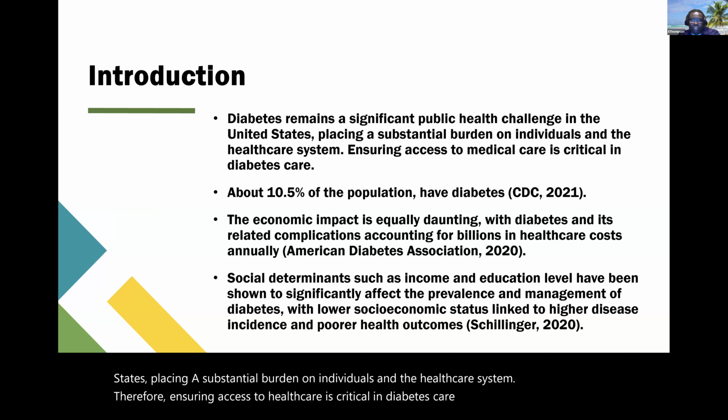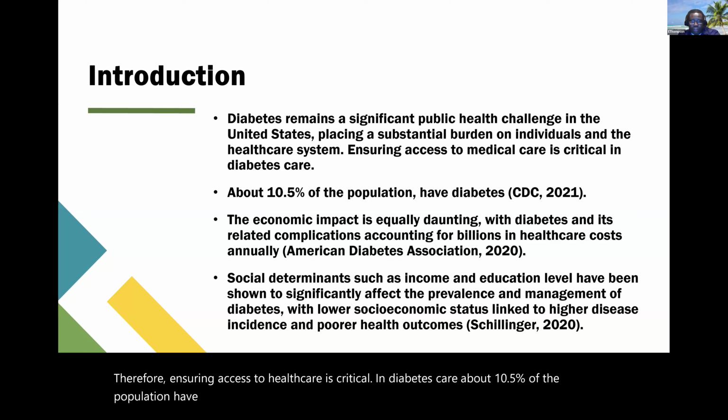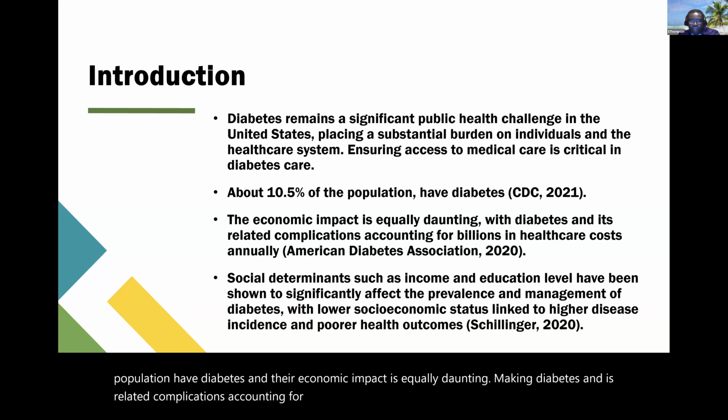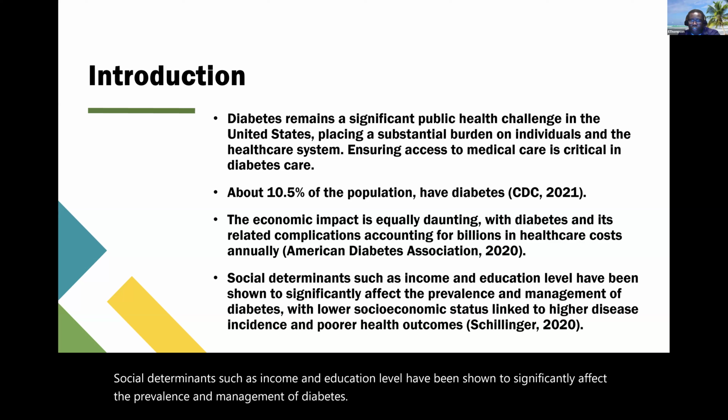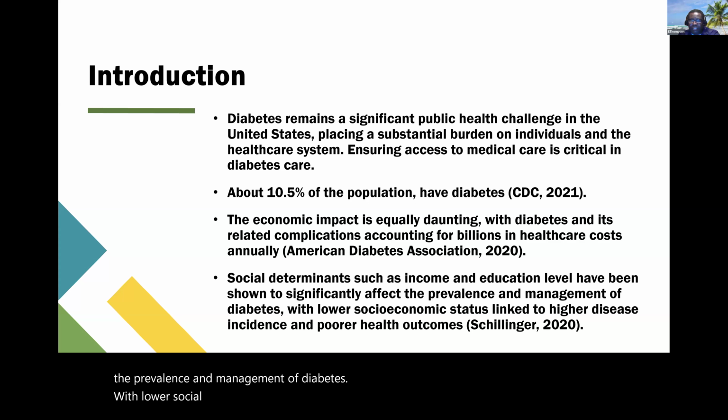About 10.5% of the population have diabetes, and the economic impact is equally daunting, with diabetes and its related complications accounting for billions in healthcare costs annually. Social determinants such as income and education level have been shown to significantly affect the prevalence and management of diabetes, with lower socioeconomic status linked to higher disease incidence and poorer health outcomes.